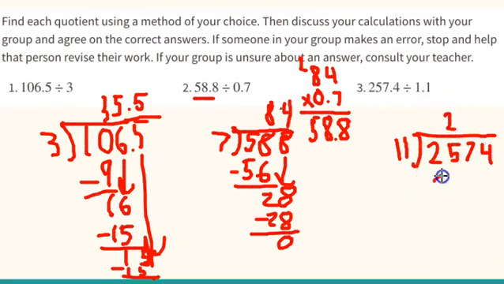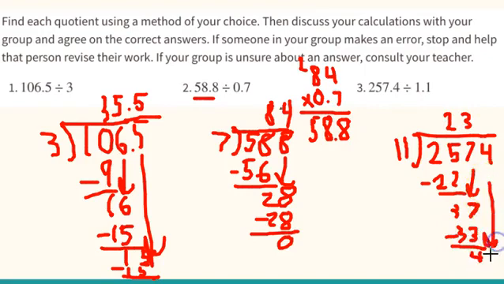Let's see, 2. Yep. Again, I can prove this is correct by multiplication.